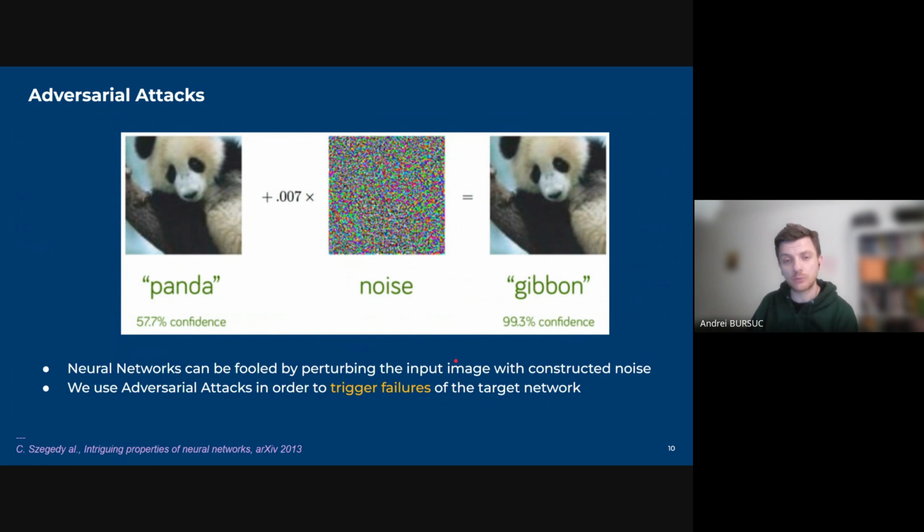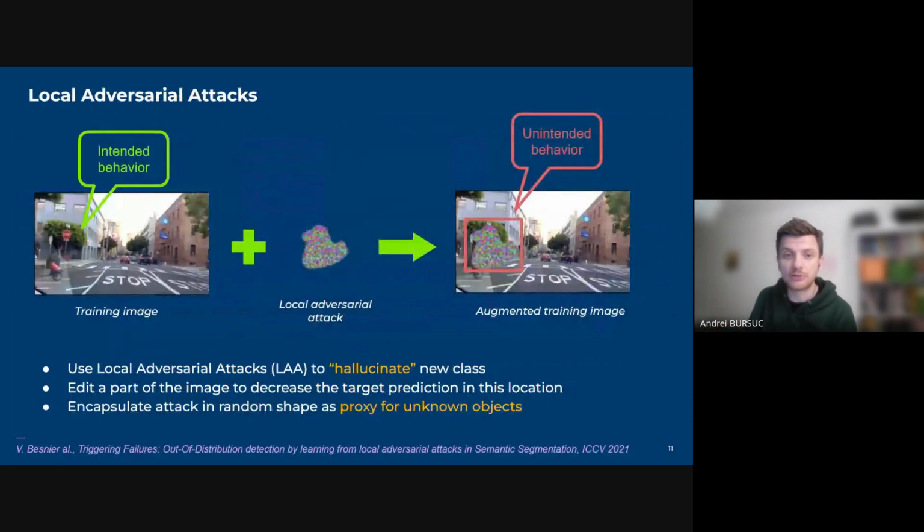So here we will use adversarial attacks to trigger some failures in the target network. As I remind you, the goal here is to find some sources of hard data, knowing that in general this real hard data is very limited.